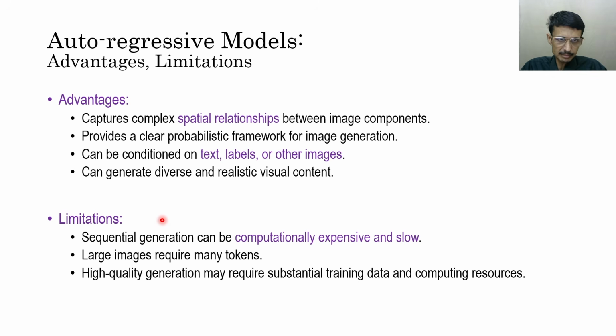On the other hand, there are some drawbacks. Sequential generation can be computationally expensive, which is one of the major aspects. Large images require many tokens, and high quality generation may require substantial training data and computing resources. So these are the advantages and disadvantages of autoregressive models.